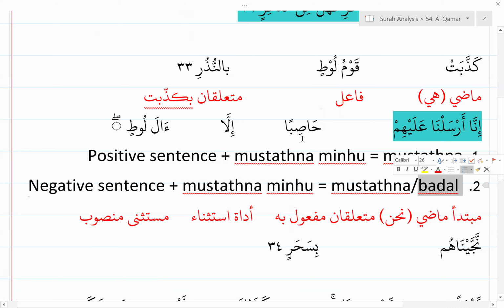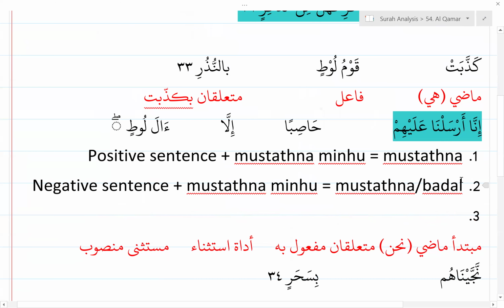So you have two possibilities when it's a negative sentence. So sometimes that's why you can see after illa, you have something that is rafa. And even though we said that mustathna has to be nasab, but then you see, for example, la ilaha illa Allahu, right? Illa Allahu, because it's a negative sentence. So it can go both ways.